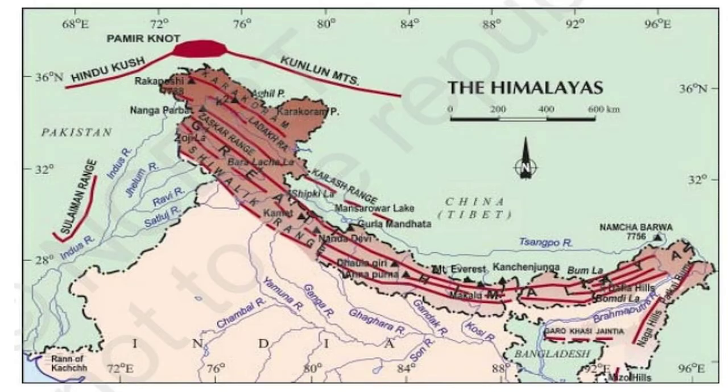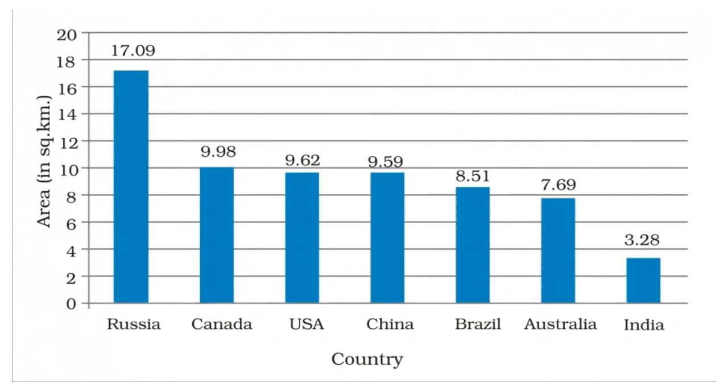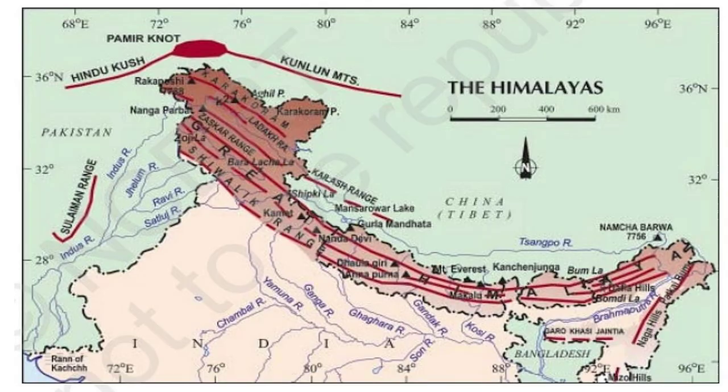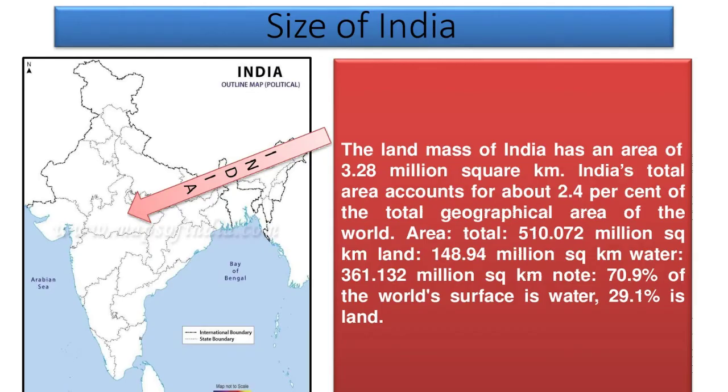The latitudinal and longitudinal extent of the mainland is about 30 degrees. Between Gujarat in the west and the easternmost state, Arunachal Pradesh, we have a time lag of 2 hours. However, to standardize the time, India follows a single time zone, the Indian Standard Time, which is 82.5 degrees east, and it crosses Mirzapur in Uttar Pradesh.